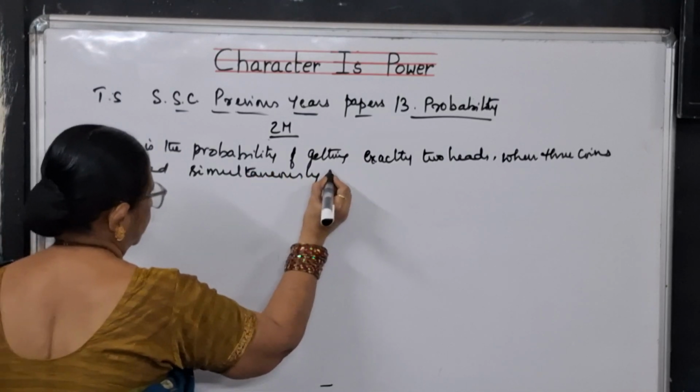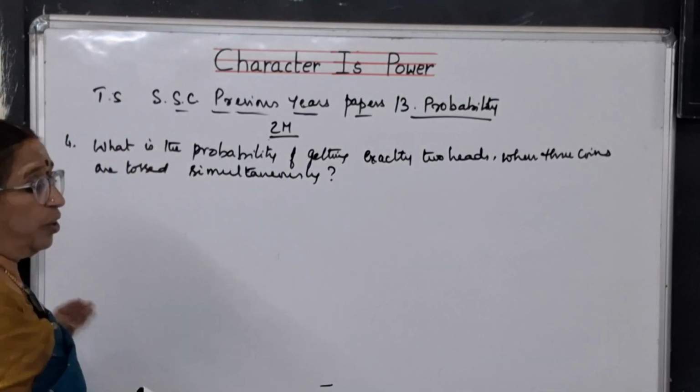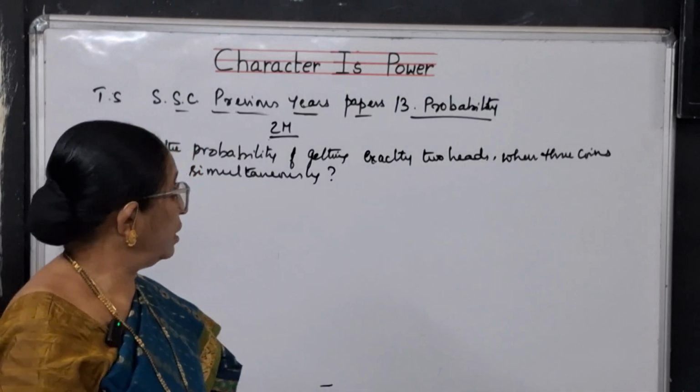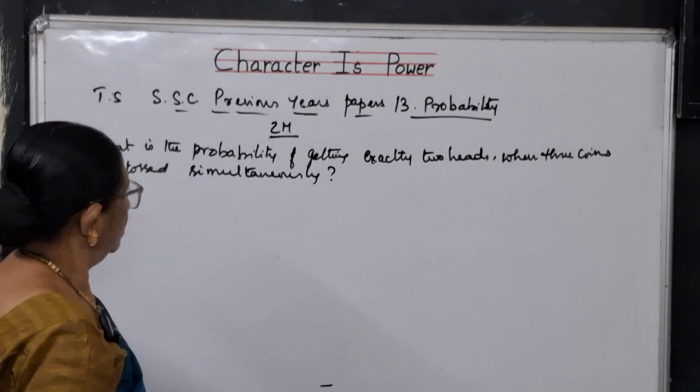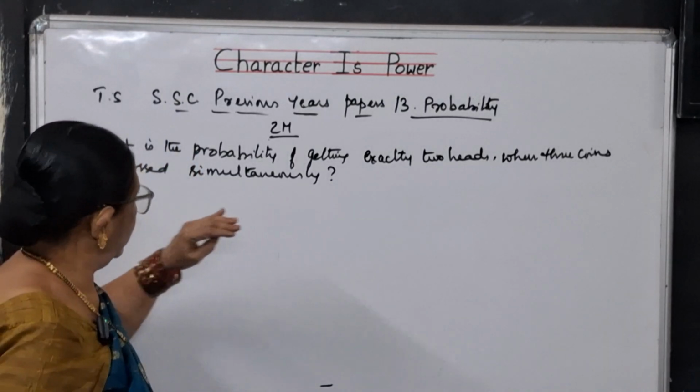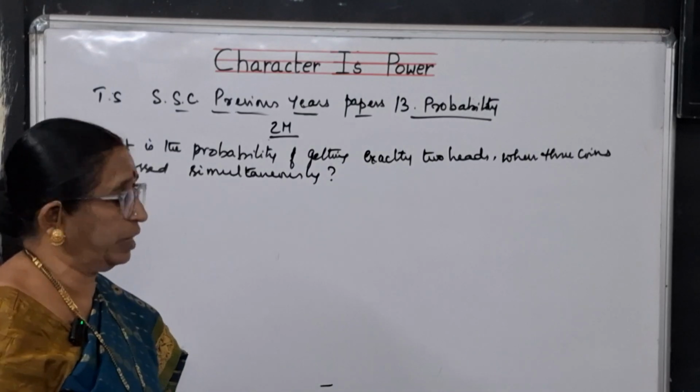So this is the question, children. 3 coins are tossed together. Then the question is, how many times you should get exactly 2 heads.